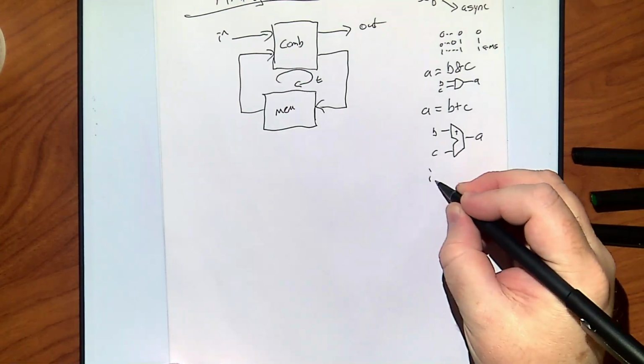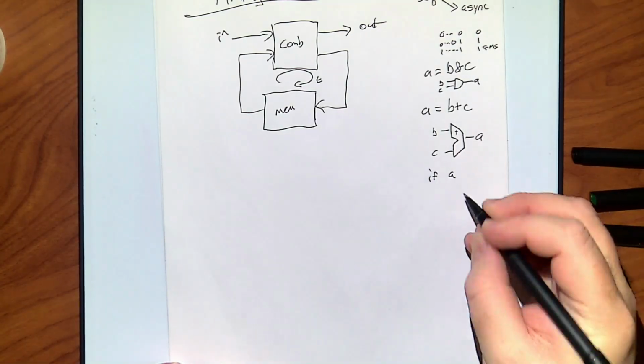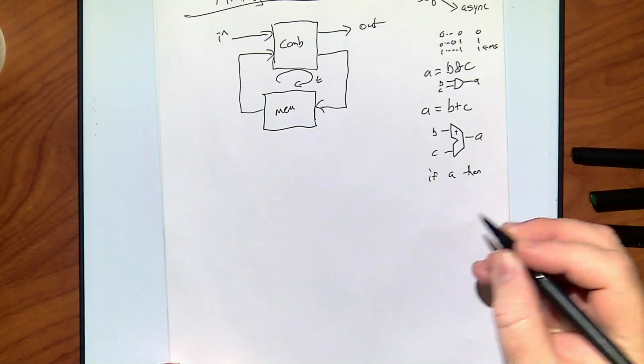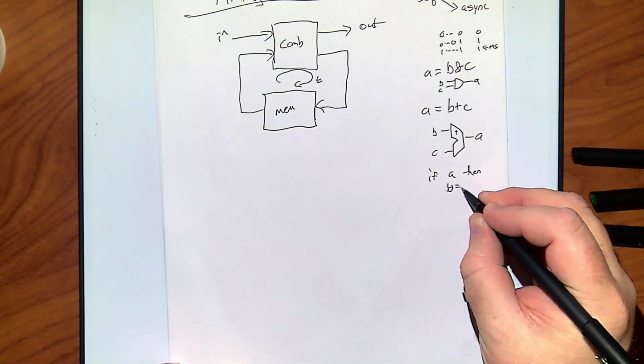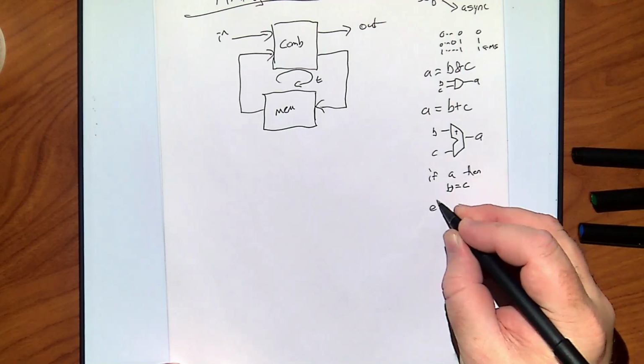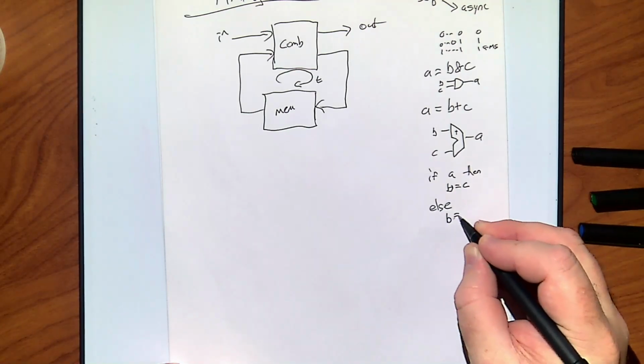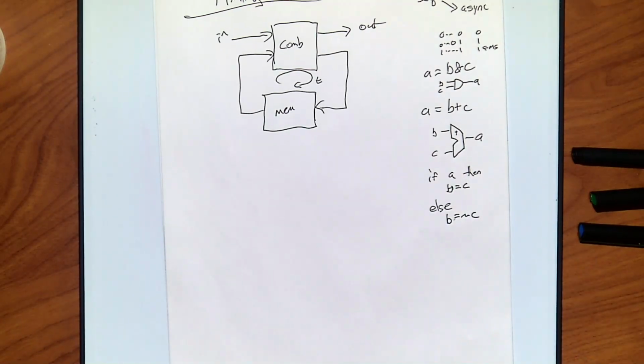What if I get to something weird like, if A, then B equals C, else B equals not C. Is there a hardware equivalent to this? It's a mux.